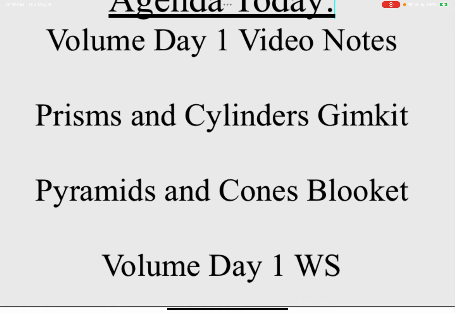Go through them on your iPad. When you are done with those, work on the Volume Day 1 worksheet. That Volume Day 1 worksheet is homework. The Gimkit and Bookit is most likely going to be graded and put in the gradebook. So use your time wisely the rest of class today.